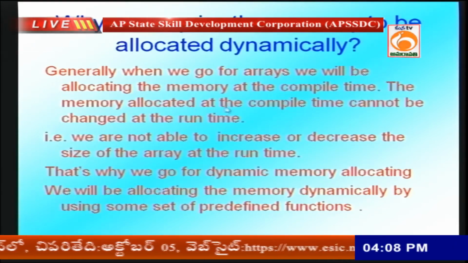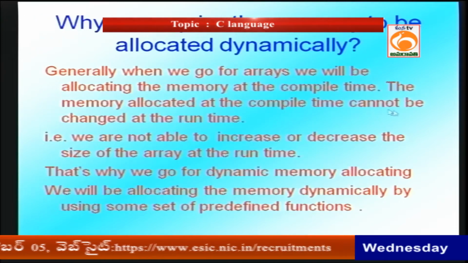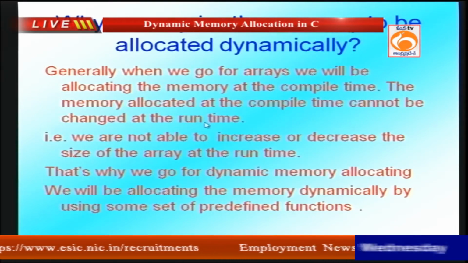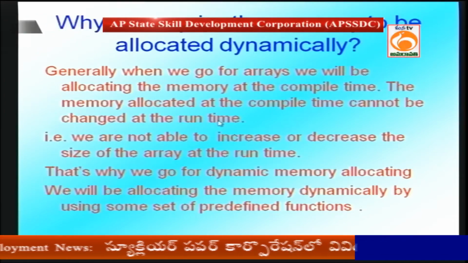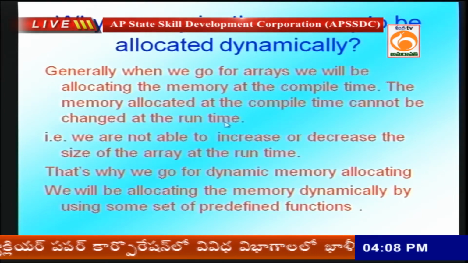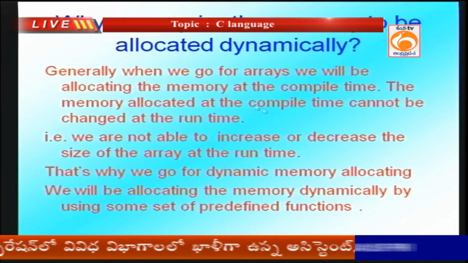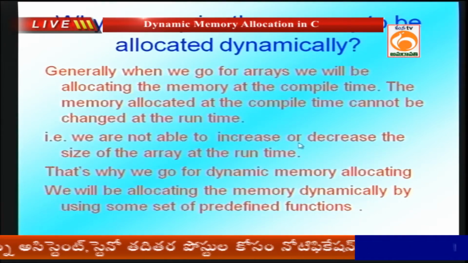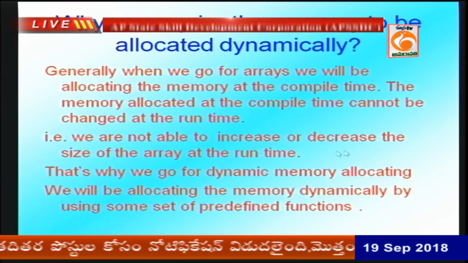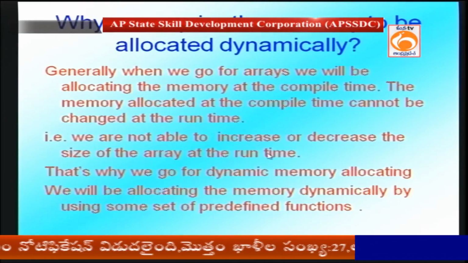The memory allocated at compile time cannot be changed at runtime, because once I fix the size, you can't increase it, you can't decrease it. It is a problem of static memory. We are not able to increase or decrease the array size at runtime.